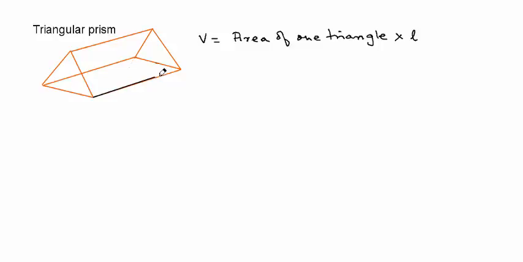So if you know this length, let's call that L. And if you know the length of any of the sides on the triangle, let's call that B. And if you also know the perpendicular distance of the opposite vertex from the base, where this angle has to be 90 degrees, let's call that H. The volume is given as 1/2 times base times height, that is the area of the triangle, 1/2 times B times H, times the length of the prism.